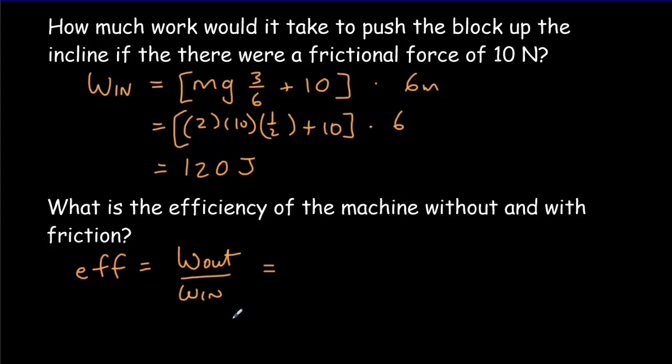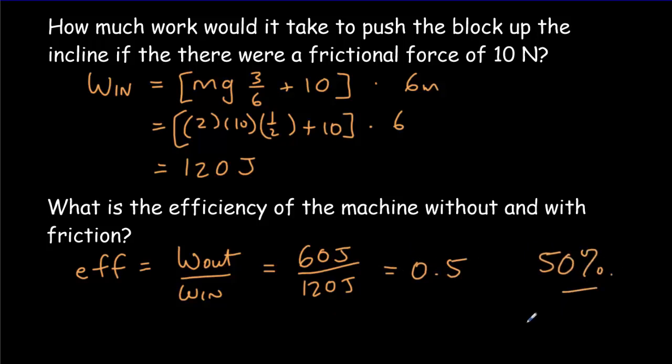The output is still just lifting the mass straight up. That still takes 60 joules. But what's different now is we're going to have to put 120 joules into pushing the block up the incline with friction. So we're going to get 0.5 or 50% efficiency because of friction.